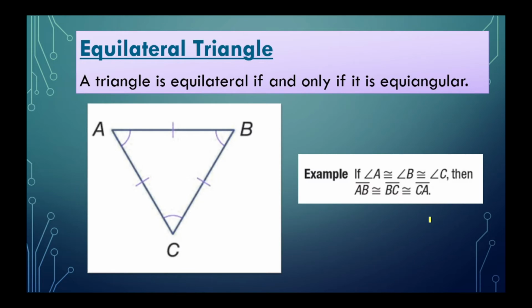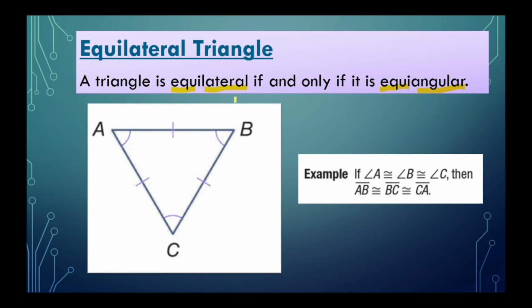The second, equilateral triangle. A triangle is equilateral if and only if it is equiangular. So when we say equilateral, from the word equi, which means equal, and lateral is side, so equal lahat ng side, and then equiangular from the word equi, which is equal, and angular, which means angle, equal lahat ng angle.